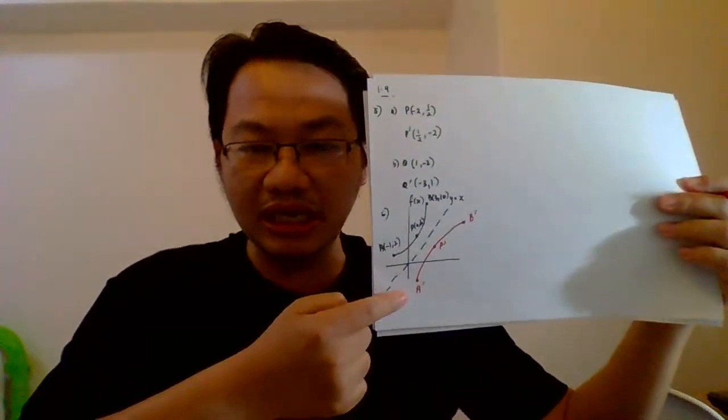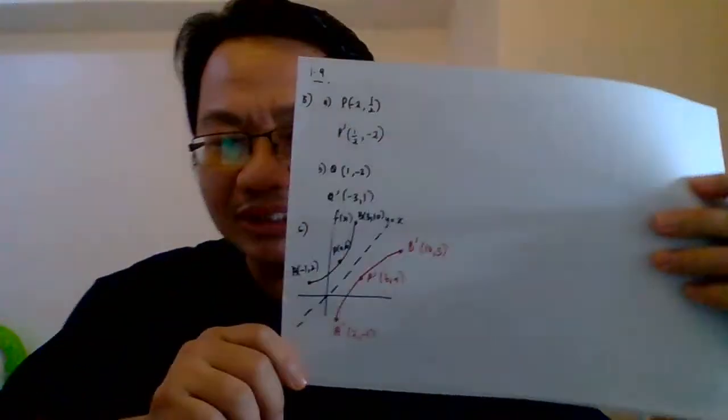So the coordinate of A is what? If A is negative 1, 2, then A prime will become 2, negative 1. And P is (a, b), so P prime will become (b, a), and that also goes to B prime. If B is 3, 10, B prime will be 10, 3.